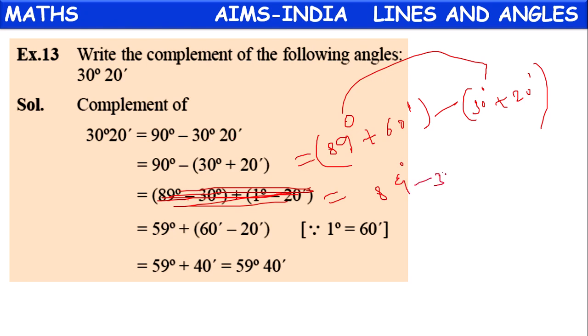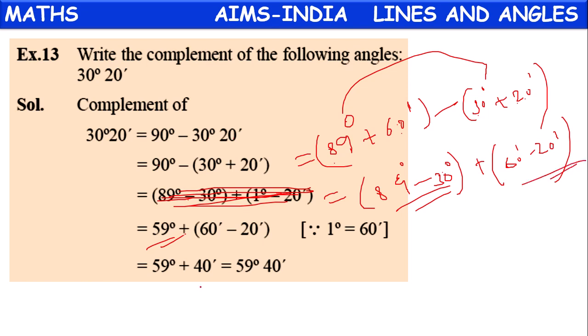From degrees we subtract, from minutes we subtract. 89 minus 30, 59 degrees. 60 minus 20, 40 minutes. So 59 degrees 40 minutes. This is the complement.